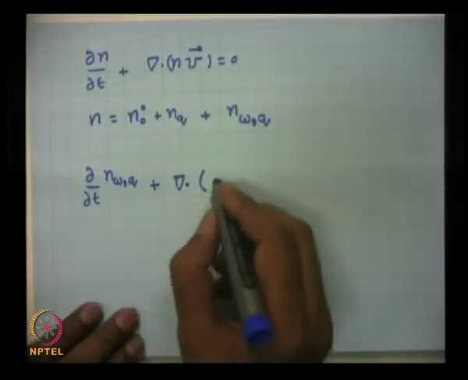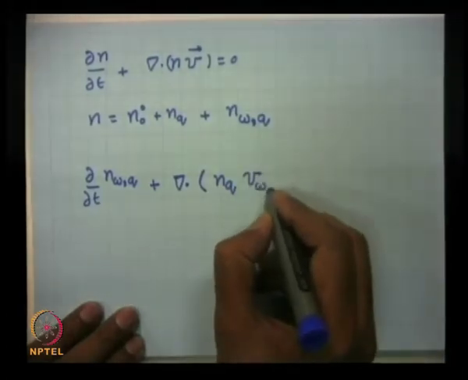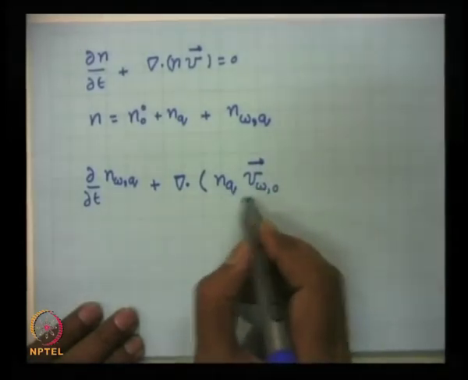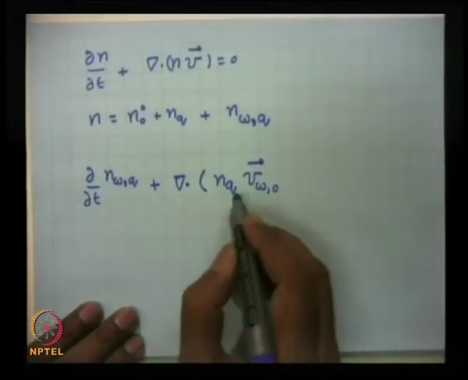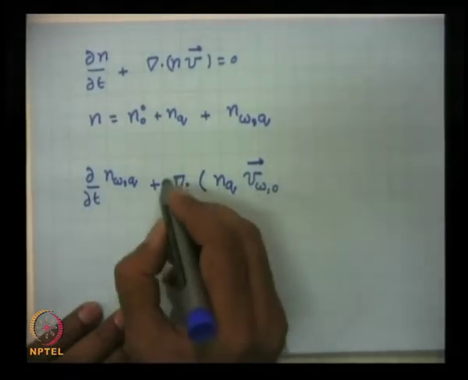So, I need an n q here with v omega 0, so that this product has frequency omega and wave number q, and a half will come because it is a product of the real parts of two complex quantities. So, I will put half here.